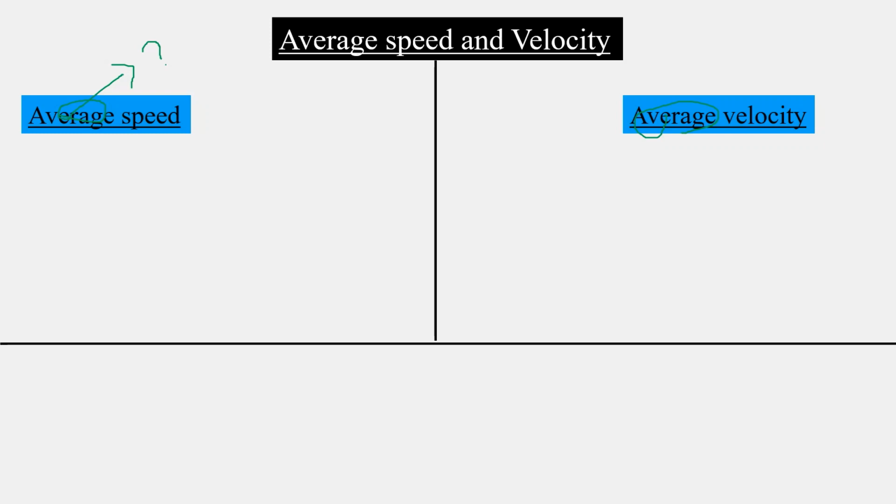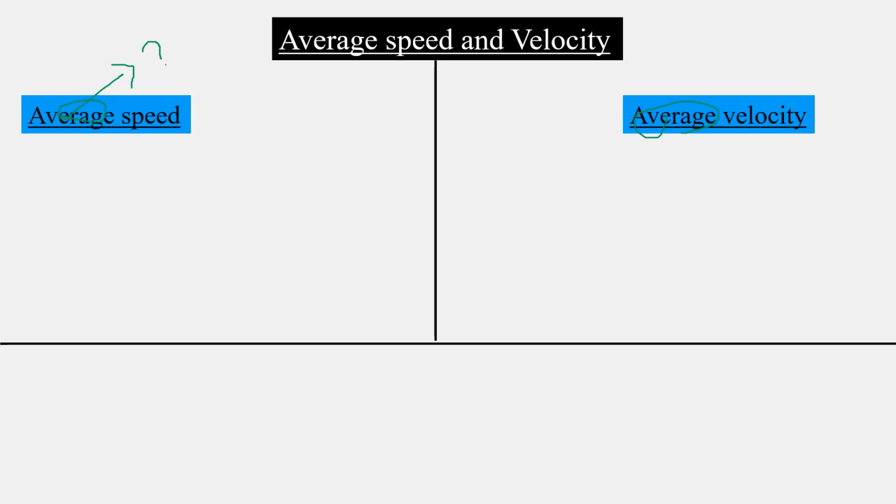So average is the sum over some amounts divided by the number of amounts. For example, you can take a mark average.